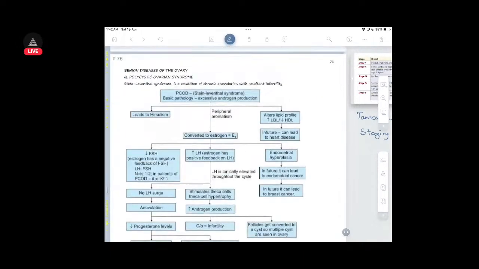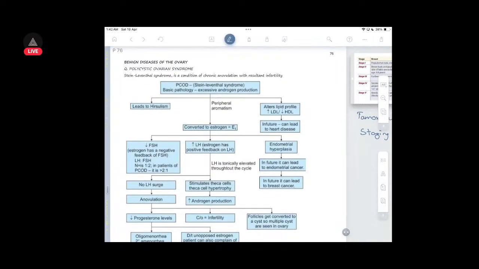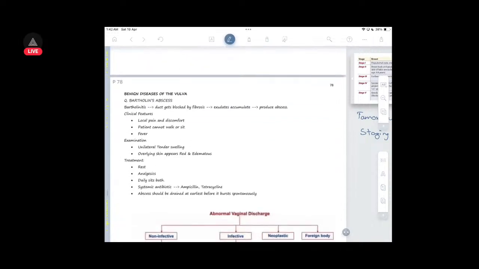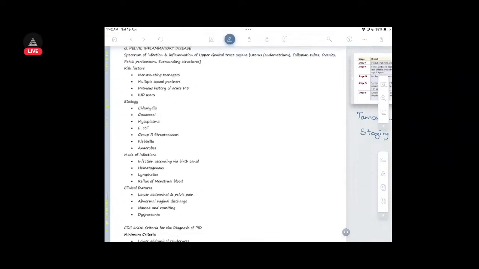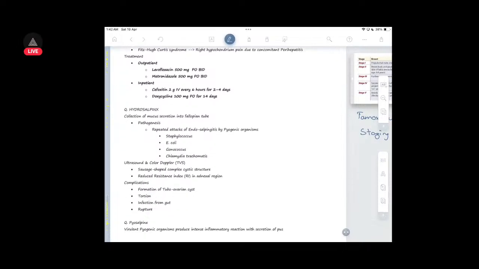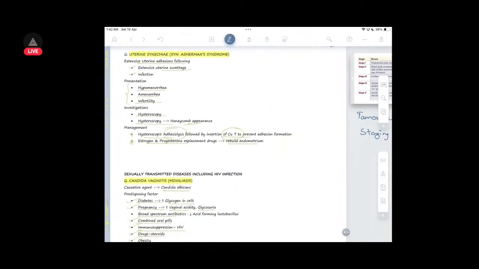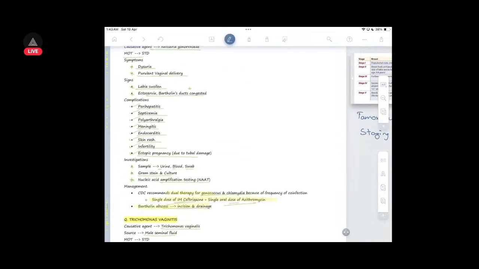Then benign ovarian disease, from here onwards, page number 76 onwards, is very important. You have to do all of these: Bartholin's abscess, vaginosis, pelvic inflammatory diseases, genital TB, Asherman syndrome, candidiasis, pelvic abscess, gonorrhea.